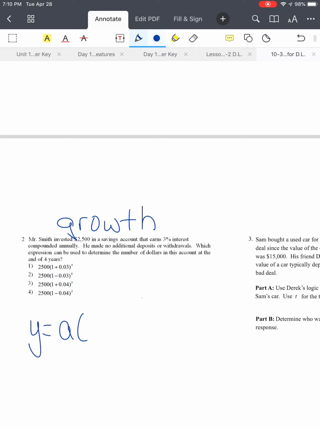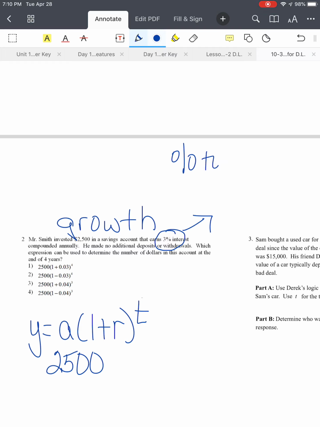So here's my formula. A is my initial amount, so it's whatever I initially invest. So Mr. Smith invested $2,500. His rate is 3% interest. We need to take that percent and make it into a decimal.